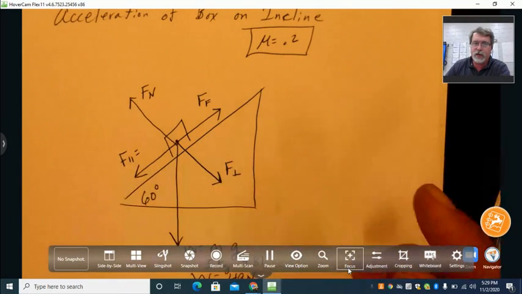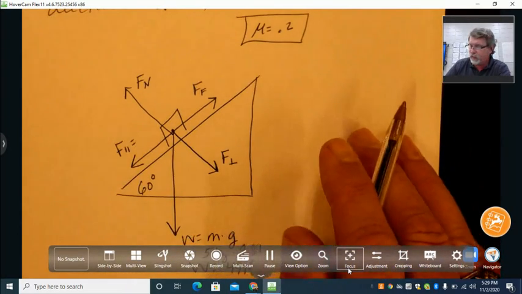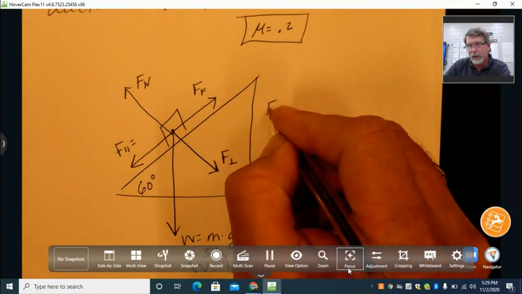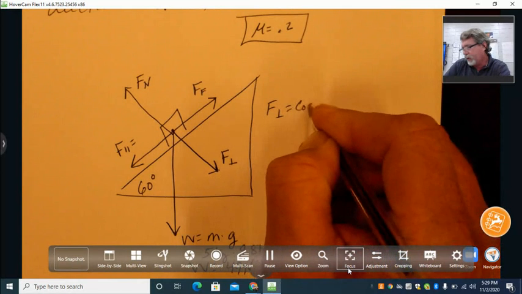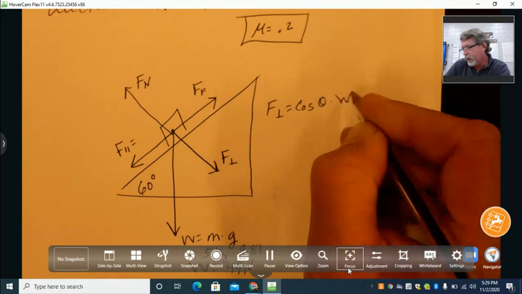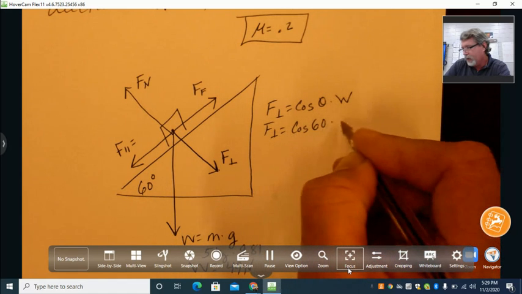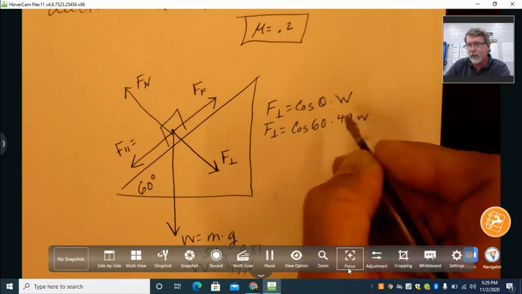So the best way is to start solving these individual pieces. Let's start off with force perpendicular. The force perpendicular is the cosine of the angle times the weight of the box. So force perpendicular is going to be the cosine of 60 degrees times 49, that is the weight of our box.